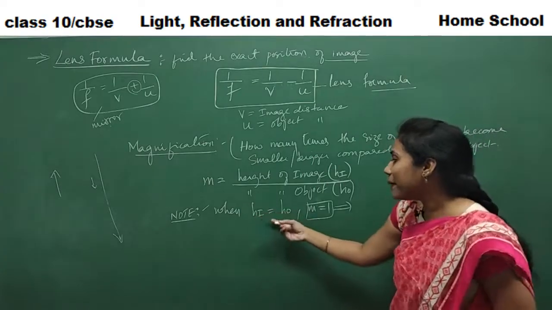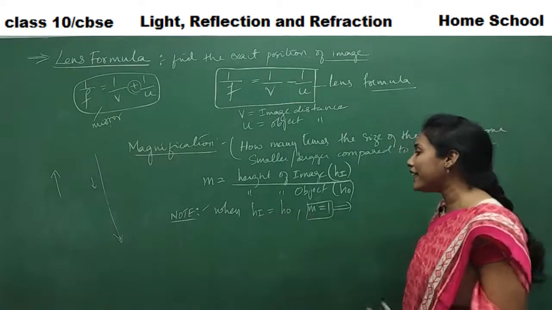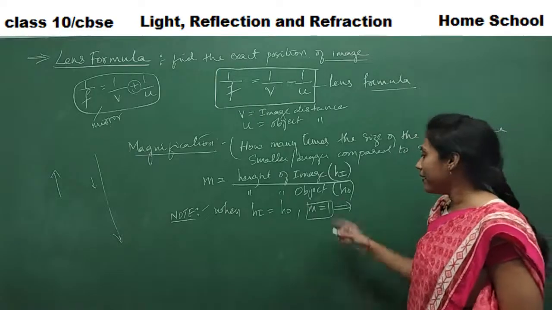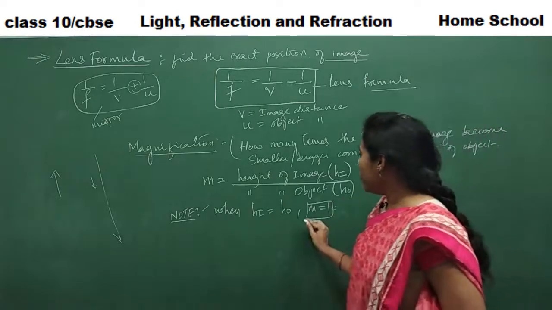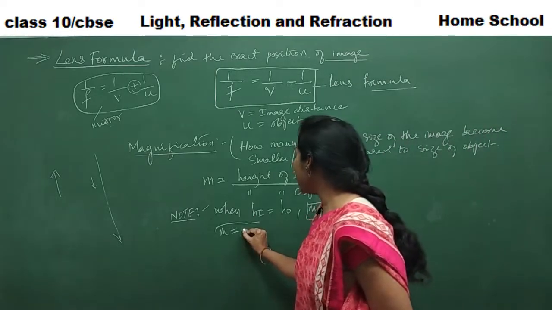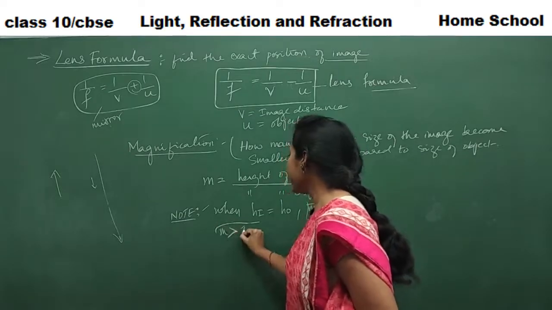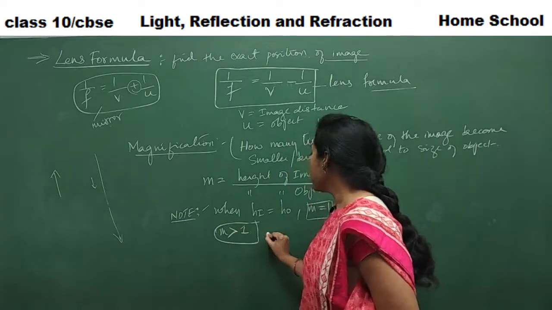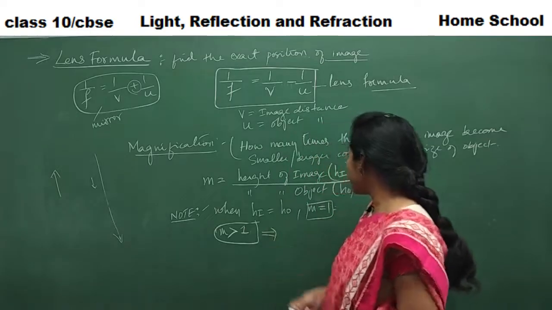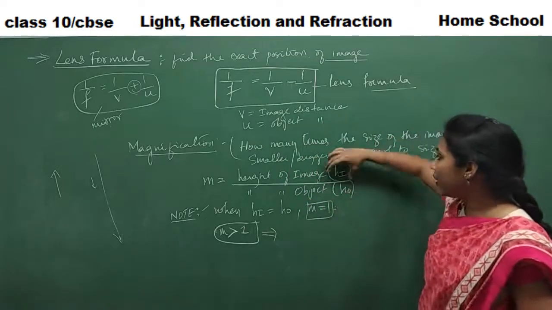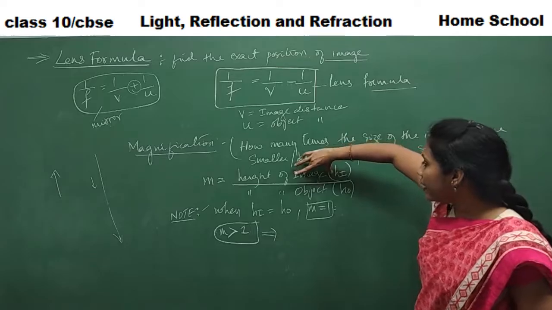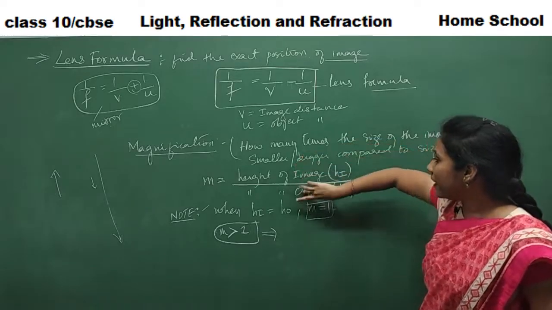The height of the image has become equal to the height of the object. And whenever the M value is greater than 1, what does this mean? When do you get greater than 1? When the numerator value is greater than the denominator.